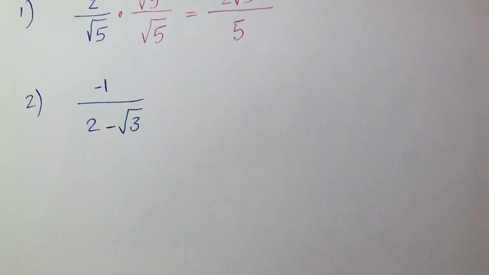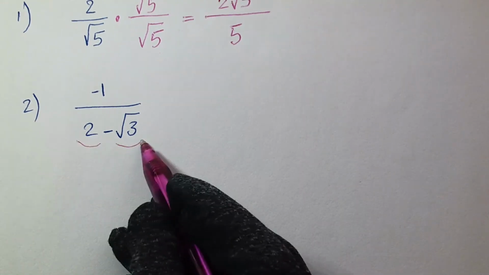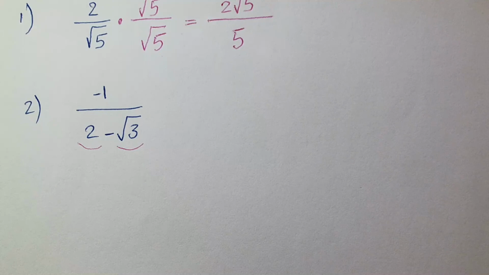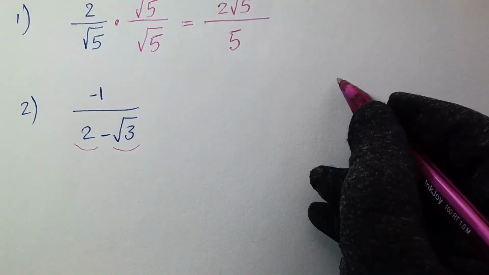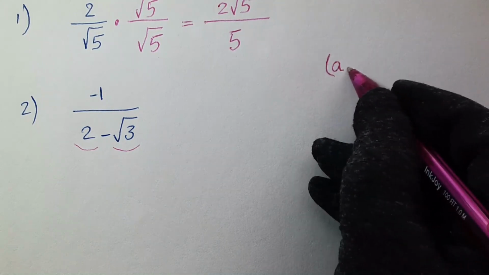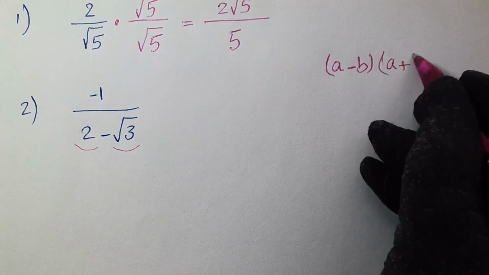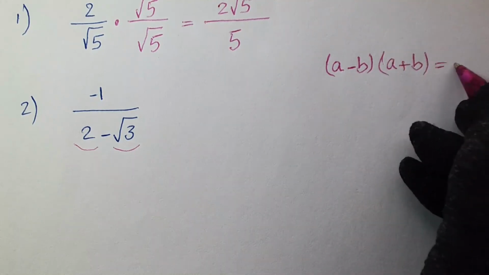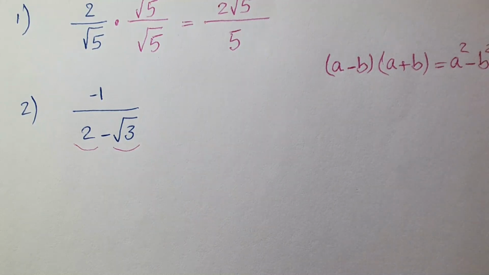But in example 2, we have two terms, 2 minus square root of 3. In this form, we have to use one of the rules that we learned in the past: a minus b times a plus b is a squared minus b squared.